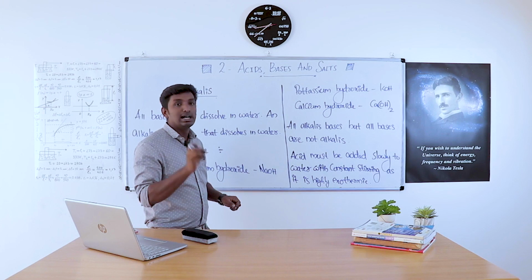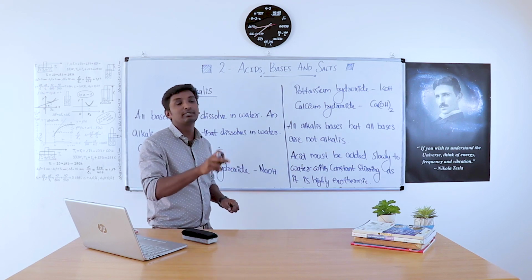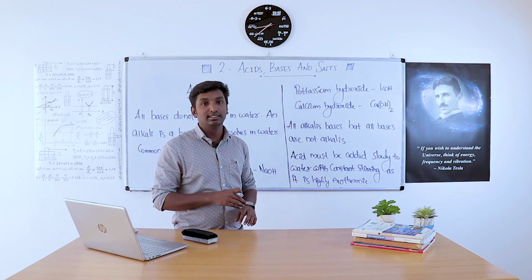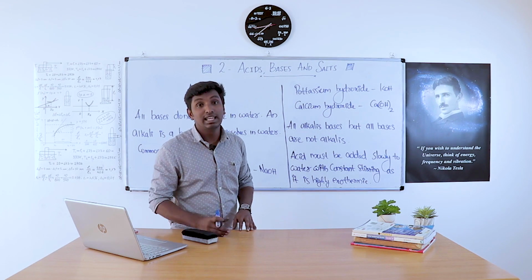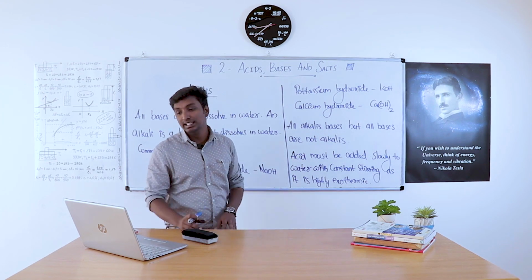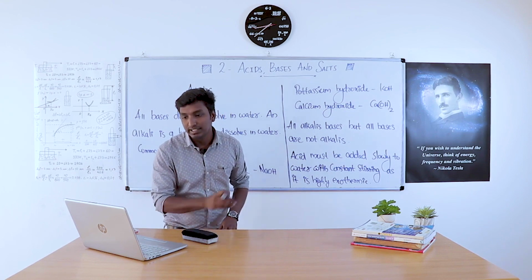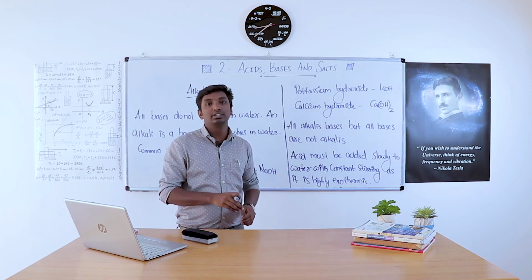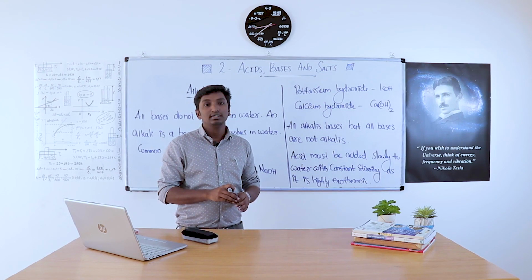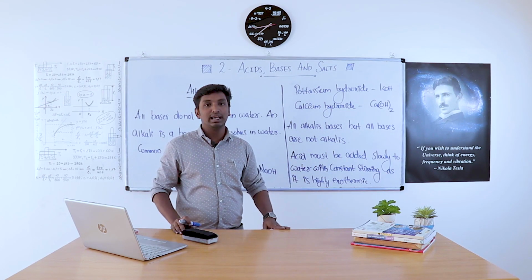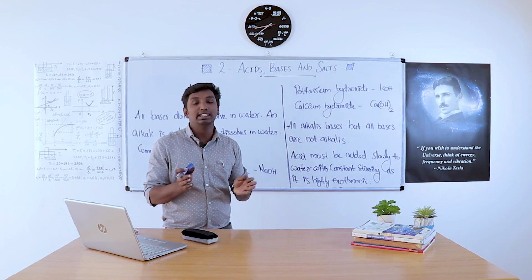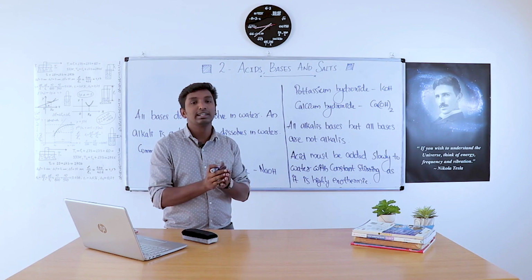Only do acid must be added slowly to water with constant stirring, because acid reacting with water is a highly exothermic reaction. So when water is directly added to acid, due to high exothermic reaction, explosion may happen, or due to high heat released, the container may break.